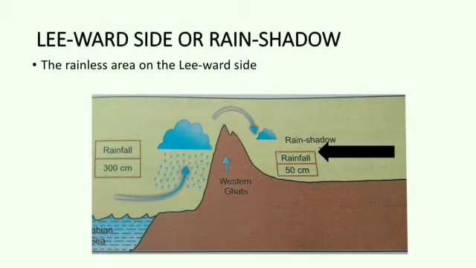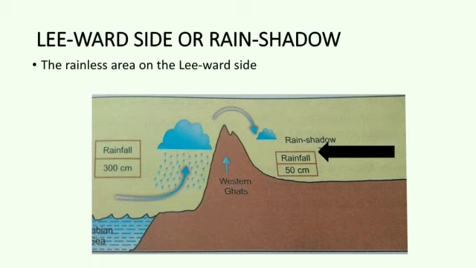Leeward side or rain shadow. The rainless area on the leeward side. This area is located opposite the windward side. After giving rain to the windward side, the moisture laden winds become warm and their humidity also decreases. Hence, little rainfall on the leeward side or rain shadow region.